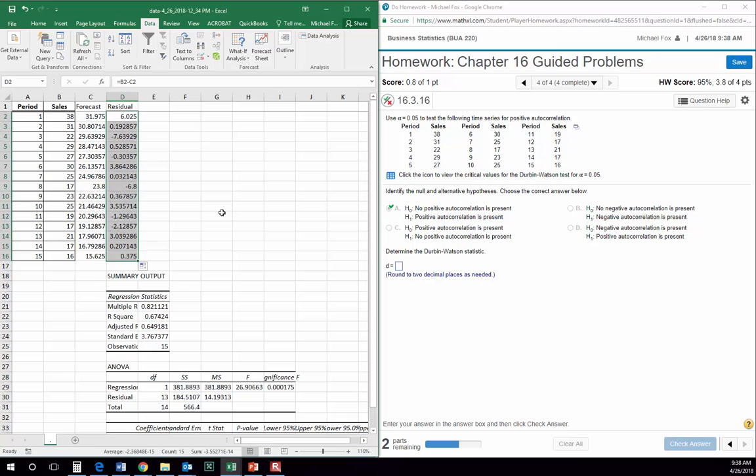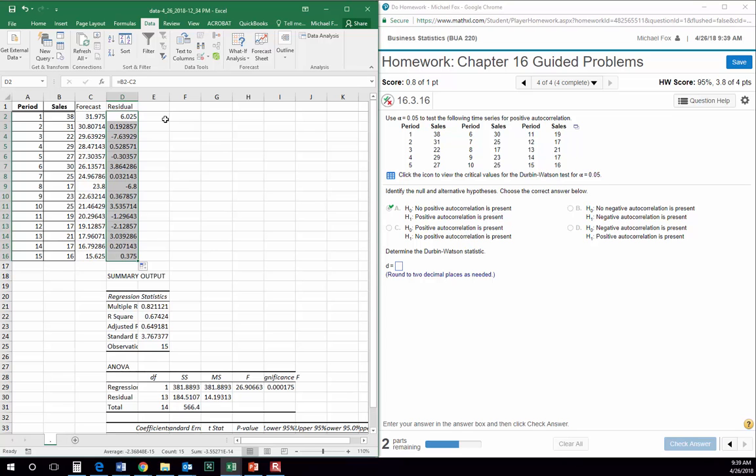So in order to calculate the Durbin-Watson statistic, we need some data here. The formula for the Durbin-Watson statistic is on page 790, and it is the sum of our E, which is our residual, minus the residual from the previous period squared, divided by the sum of the residual squared.